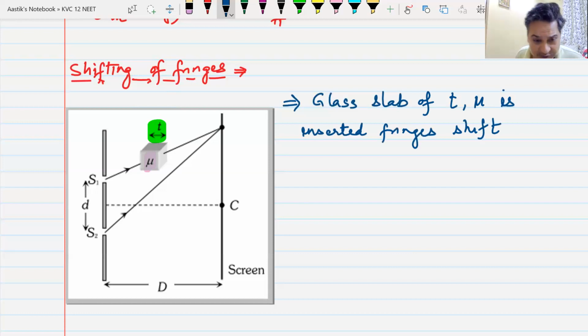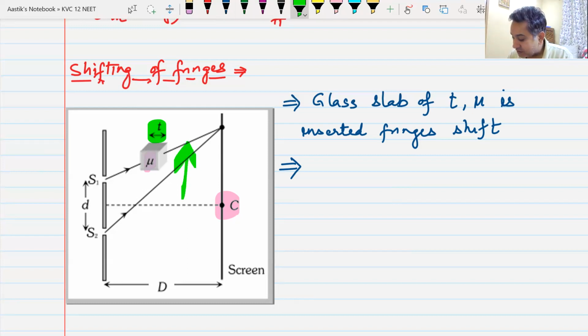Now, the second thing you have to understand is in which direction the fringes will shift. Normally, if there is no glass slab, the central fringe will come at the center. If I introduce a glass slab in front of the upper slit, the pattern will shift upwards.